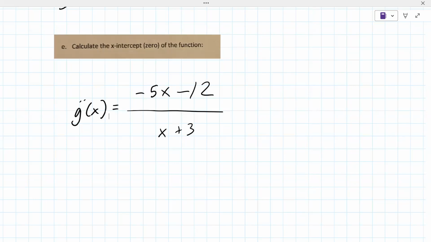Which notes are you looking at? Which week? Which day? That was on December 7th. Okay, let's go look at December 7th notes. December 7th was a week ago. All right.